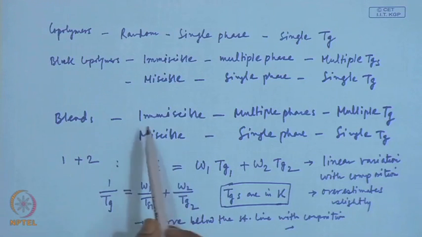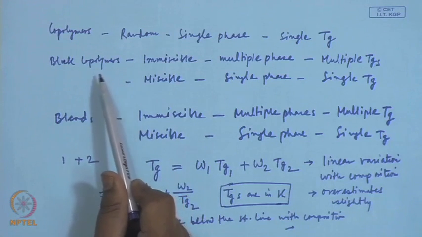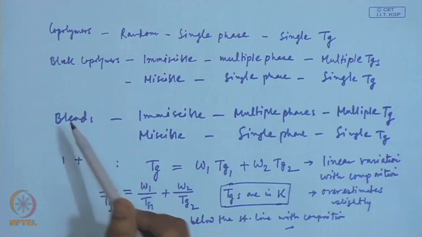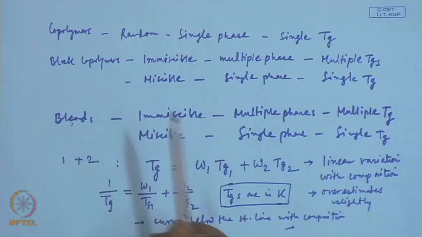Now, obviously, if the two blocks in a block copolymer, or say two homopolymers in blends, are partially miscible, then what happens? You still get two Tg's for a two component system, but the Tg's come down from the corresponding homopolymers; you get somewhere intermediate.